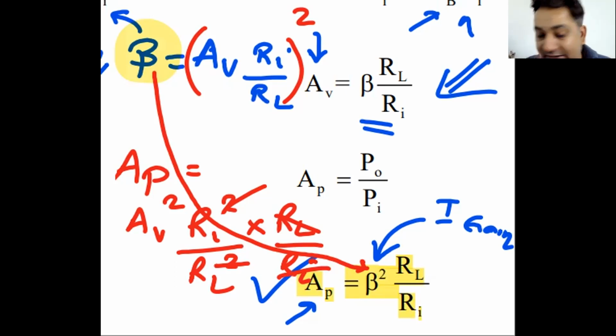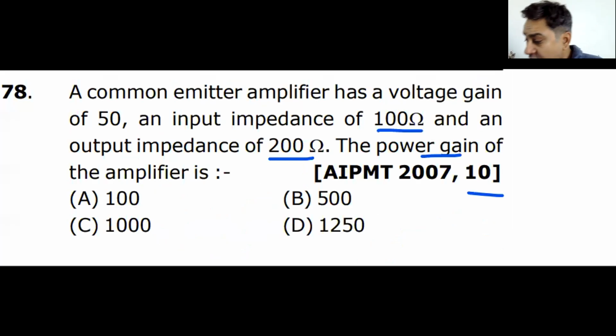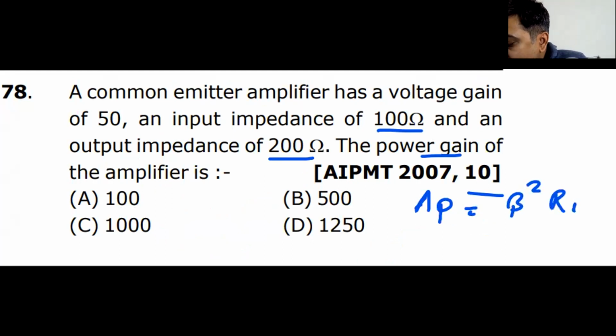What is the new formula that we have devised? The original formula is power gain is beta square into RL by RI. Yes or no? Yes, sir. But now I have devised one more formula where instead of beta we have voltage gain.